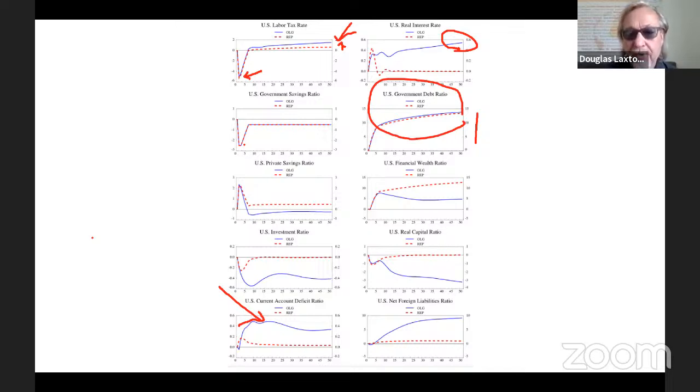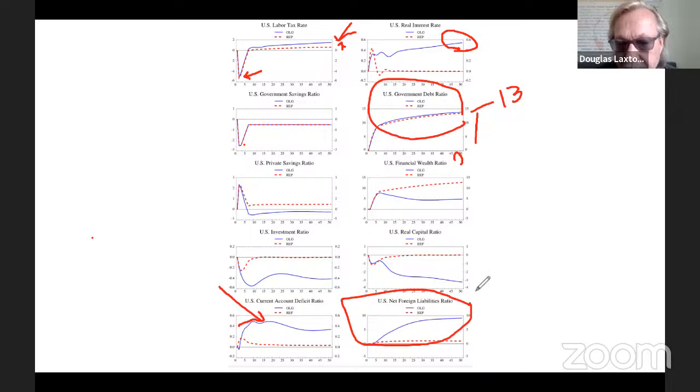So these are just the other variables to understand what's going on here. In the non-Ricardian model, this model with over 11 generations, you can see that if there's an increase in government debt of about 13 percentage points up here after 50 years, the net foreign liability to GDP ratio is up by about 10 percentage points.